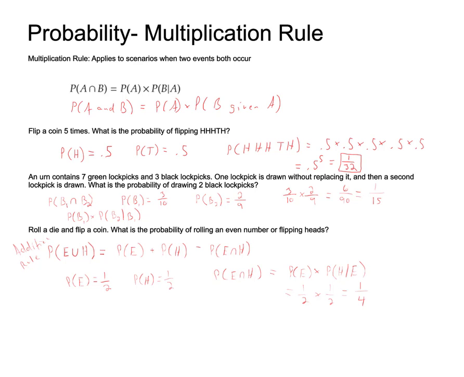So the probability of even or heads, if we plug in all the values, is equal to 1/2 plus 1/2 minus 1/4. And that will give us 0.75, or 3/4.